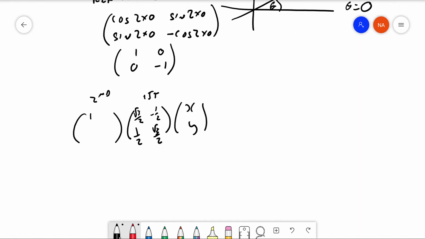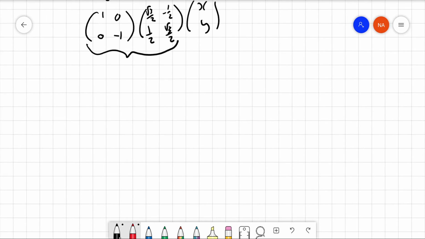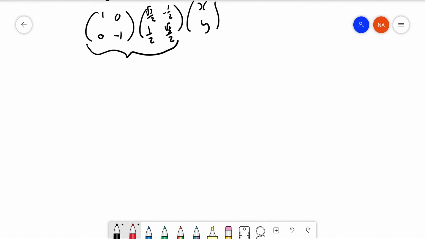This here is 1, 0, 0, negative 1. So there, these two are the combination, and we just got to multiply those to see what we get. Just multiplying that, we're going to get root 3 over 2, and then we're going to get negative half, and then we're going to get negative half and root 3 over 2.